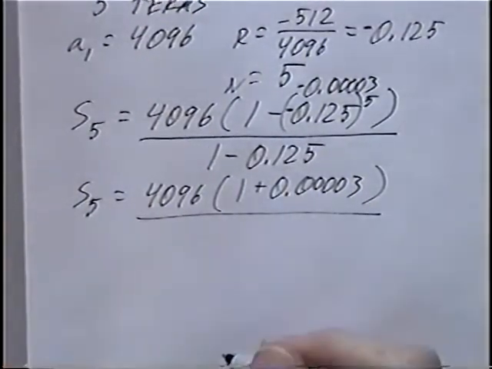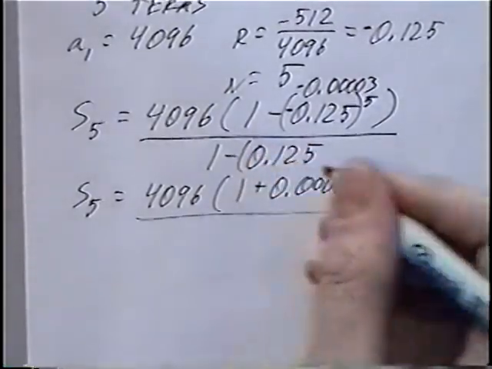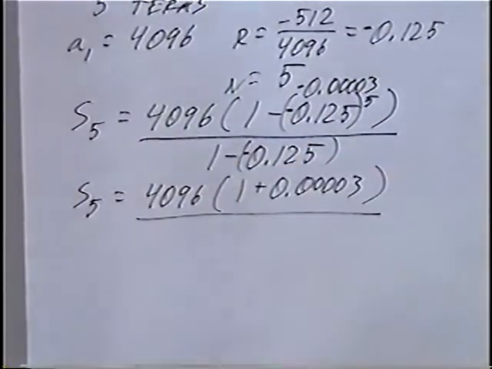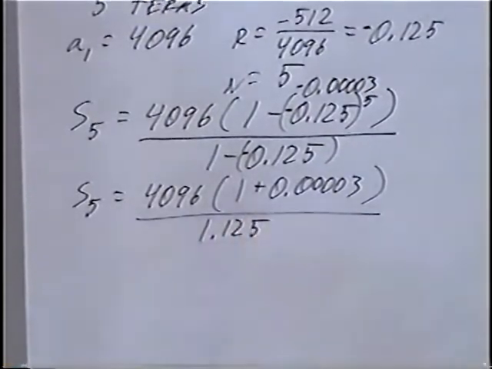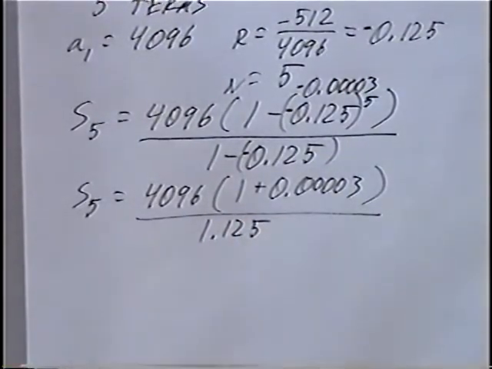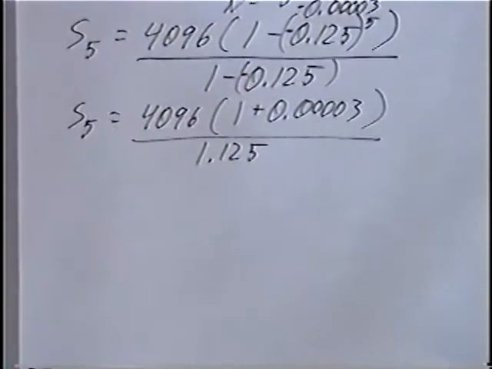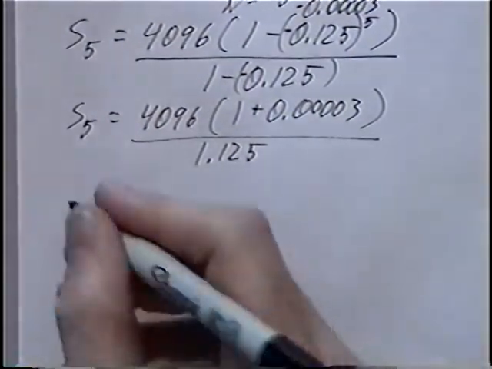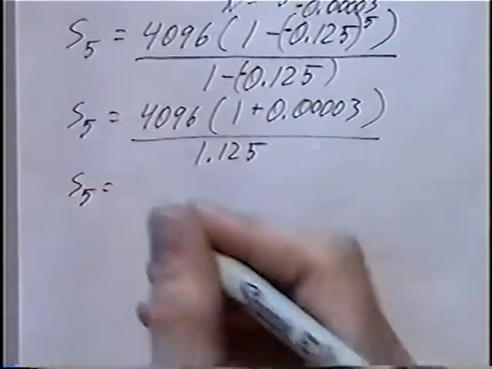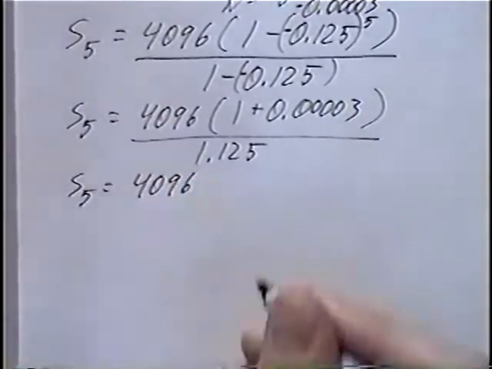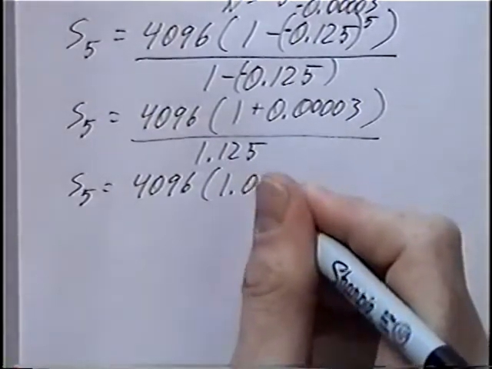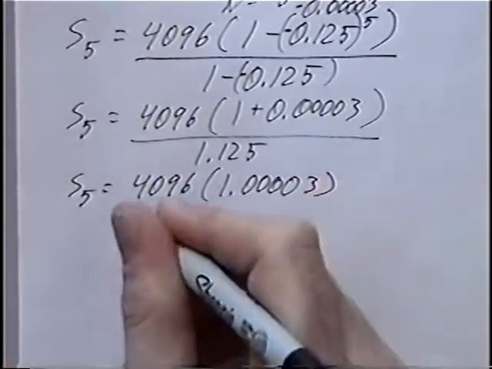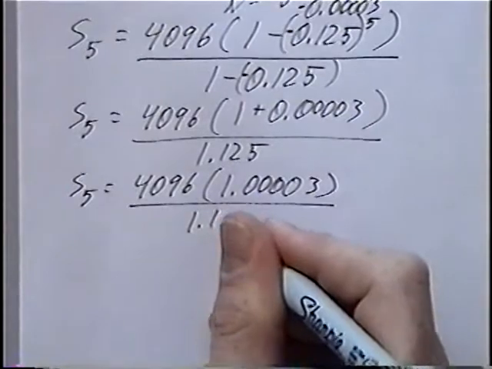Divided by, and again this would be a negative in the denominator, so we'll be adding 1.125. Simplifying further, the sum of 5 terms, 4096, times 1.0003 divided by 1.125.